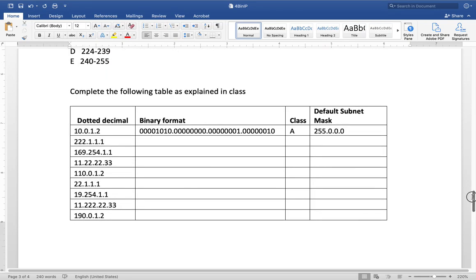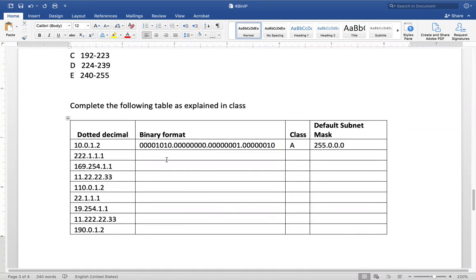For the rest of the activity, you're going to convert the IP addresses to binary format, as a 32-bit number. You're going to identify which class they belong to, and identify the default subnet mask for the class. So 222, you're going to convert to binary.